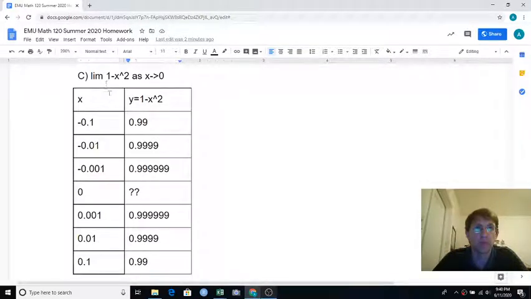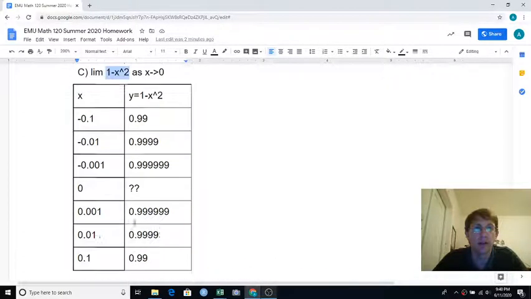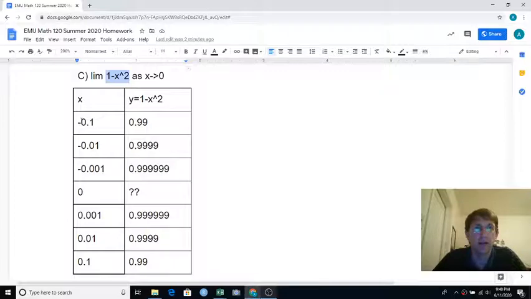Here's another nice polynomial, 1 minus x squared, as x goes to 0. And the interesting thing here, as I point out, is that as x approaches 0 from the negative side, these values are growing. And as x approaches 0 from the positive side, kind of going from the last row of the table upward, these values are growing.